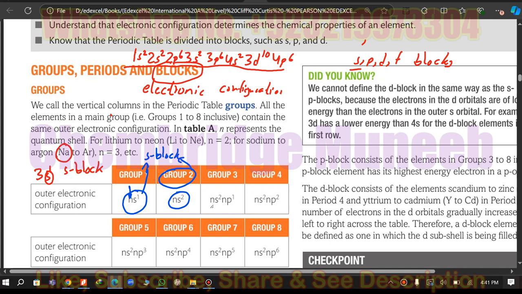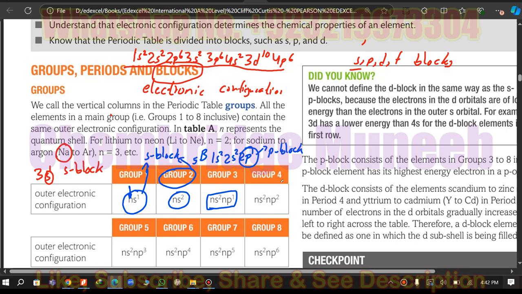For group 3, the electronic configuration will end at p1. Take the example of boron. Boron's atomic number is 5, so its electronic configuration is 1s2, 2s2, 2p1. In general form it is ns2 np1, but the last subshell is p, which means this element belongs to the p block.